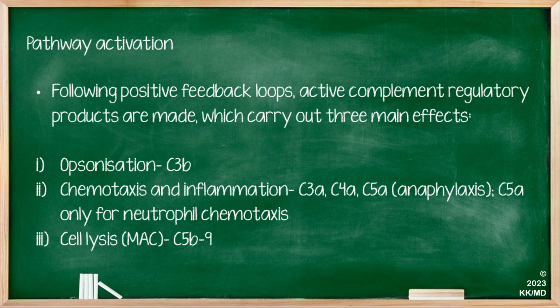Number two is chemotaxis and inflammation, which primarily involves C3a, C4a, and C5a, which are responsible, for instance, in the case of anaphylaxis, and C5a is the only one for neutrophil chemotaxis. Finally, the other main effect of this pathway activation is cell lysis, which is done through MAC, and primarily complement C5b to 9 are responsible for that.